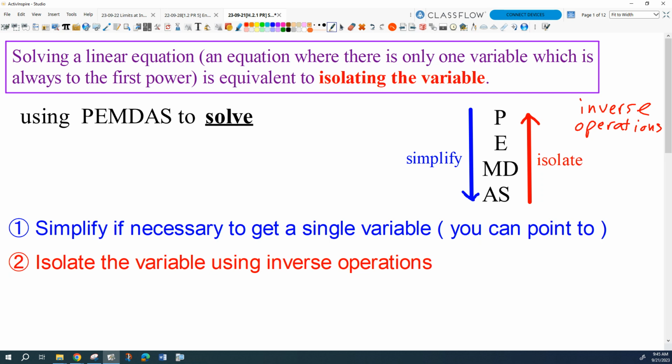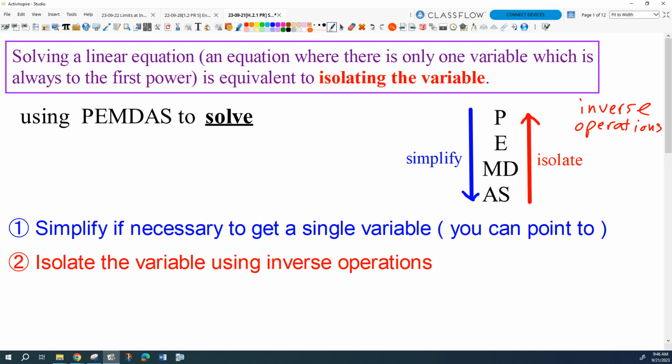Okay, so then when we're solving more complex linear equations, sometimes we have to do a little bit of both. And here's how you can think about this. There's a flow to the direction of the PEMDAS tree that addresses any linear equation. If things start off looking somewhat complicated, like you've got lots of x terms and lots of things spread on both sides of the equation, we're always going to start off by simplifying.